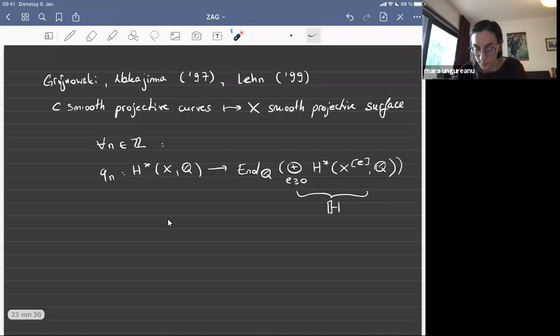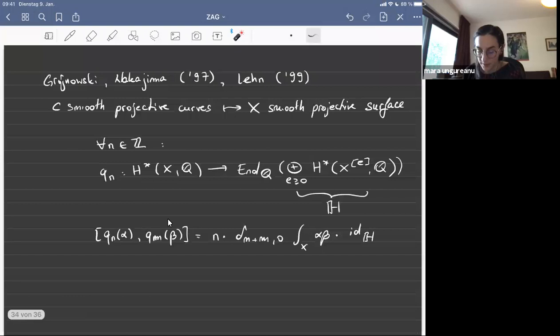What was noticed was that you can construct some very interesting linear maps, Q_n for each n in Z, from the cohomology of, say, the projective surface to this endomorphism ring here. This is now the cohomology of the Hilbert scheme.